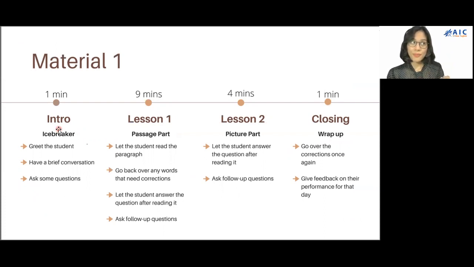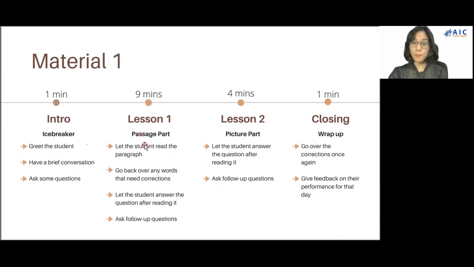So usually we have 1 minute to spare because it's a minute early from their actual class time. First greet the student, have a brief conversation, and ask some questions. Make sure to build rapport because the AIC classes are in your schedule for a while, so you will have a lot of time with that student.